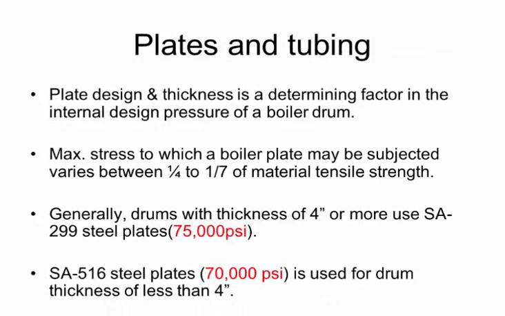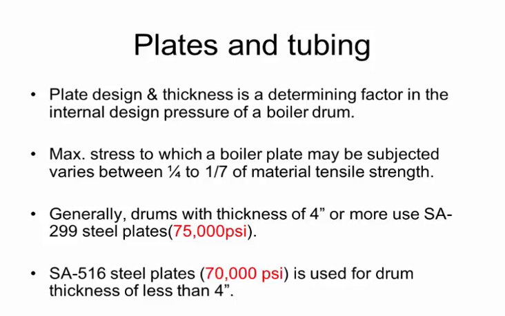Plates and tubing. Plate design and thickness is a determining factor in the internal design pressure of the boiler drum, so the wall thickness. The maximum stress to which a boiler plate may be subjected varies between 1/4 to 1/7 of the material tensile strength. Now, usually the material tensile strength will be given to you, so then you know the maximum stress to which a boiler plate may be subjected is 1/4 or 1/7 of the material strength.